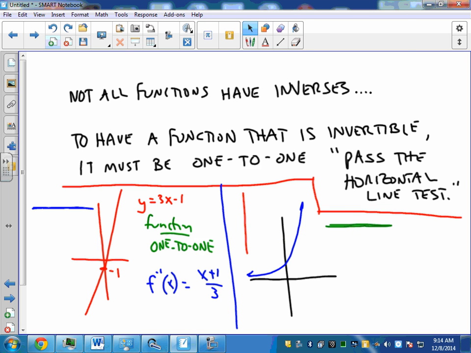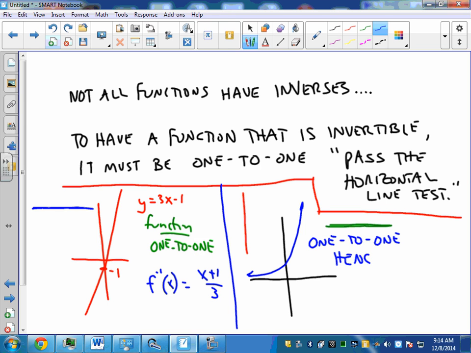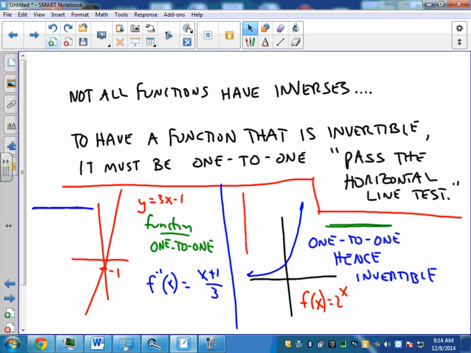So this is a 1-to-1 function, and hence this is invertible, and it does have an inverse, and we found the inverse. Here was our function, 2 to the x, and the inverse that we found just earlier in this video, f inverse, was log base 2 of x.